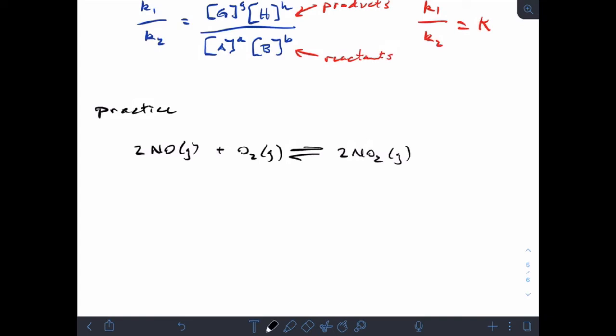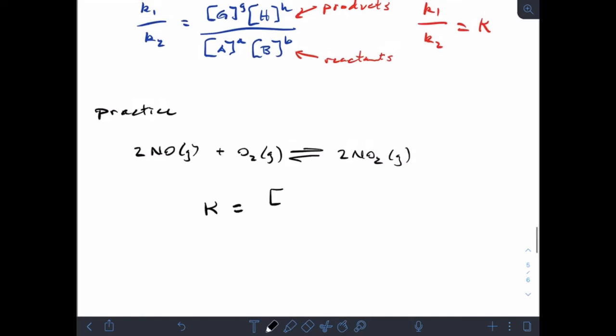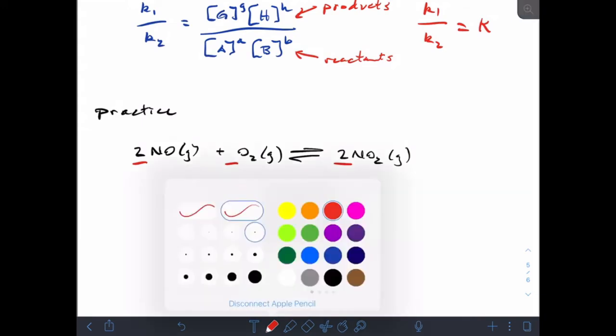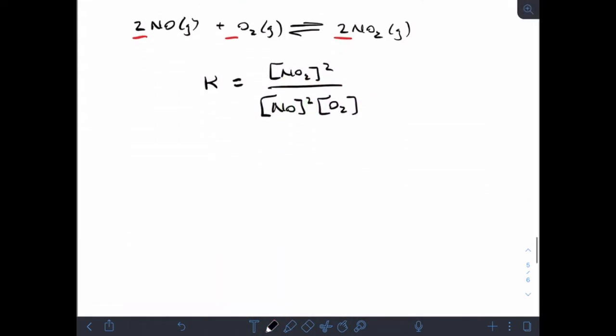So my equilibrium constant expression for this reaction will look like this. K equals [NO2] squared over [NO] squared times [O2] to the first power. Okay, because we have our stoichiometric coefficients of 2, 1, and 2. Right? That's how we get the powers in our expression. Right? That was an easy one.